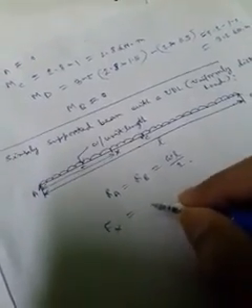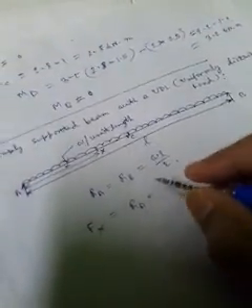Now the shear force at any arbitrary point x, which we can denote as Fx, will be RA minus W into x, because RA is acting upward and throughout the length the load W into x is acting downward.